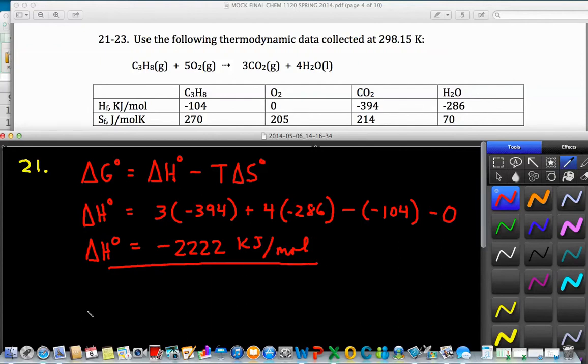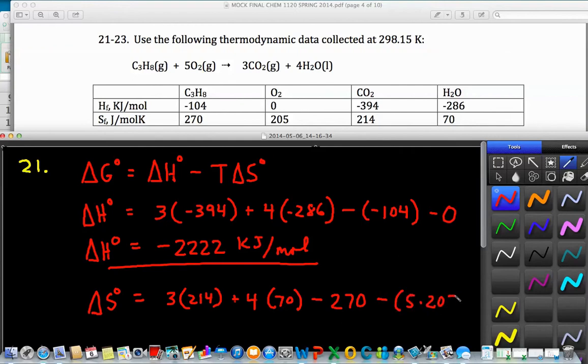We're going to do the same thing with the entropy of formation. So we will have 3 times 214 plus 4 times 70 minus 270 minus 5 times 205.